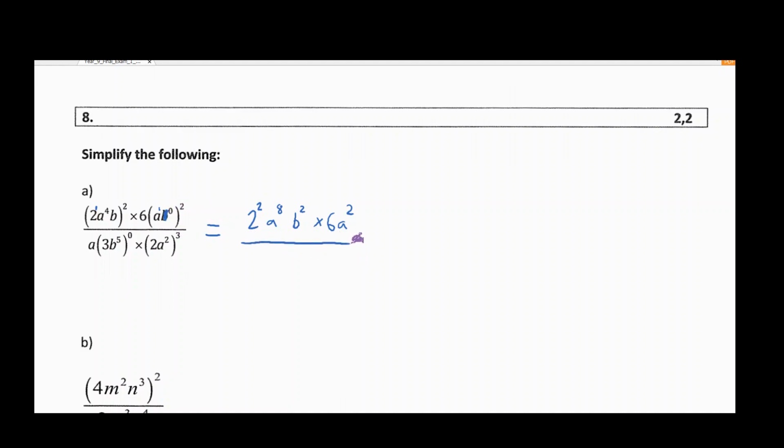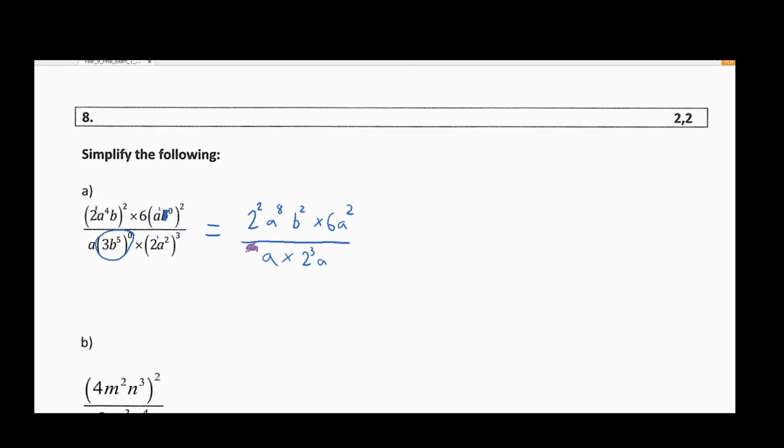Then we've got on the bottom here, all of that is just 1. Anything to the power of 0 is 1. So we're left with a there, times by 2 cubed, because 1 times 3 is 3.